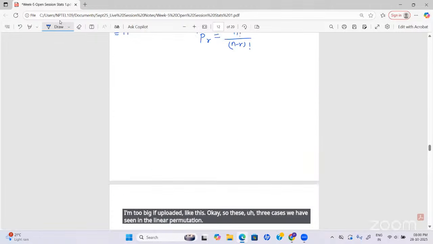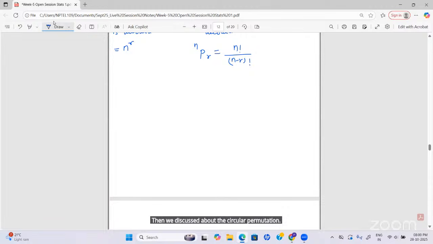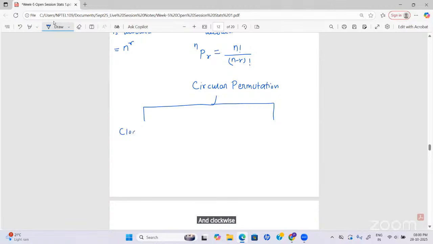Then we discussed circular permutation. In circular permutation there were only two things: clockwise and anti-clockwise are different, and clockwise and anti-clockwise are not different.